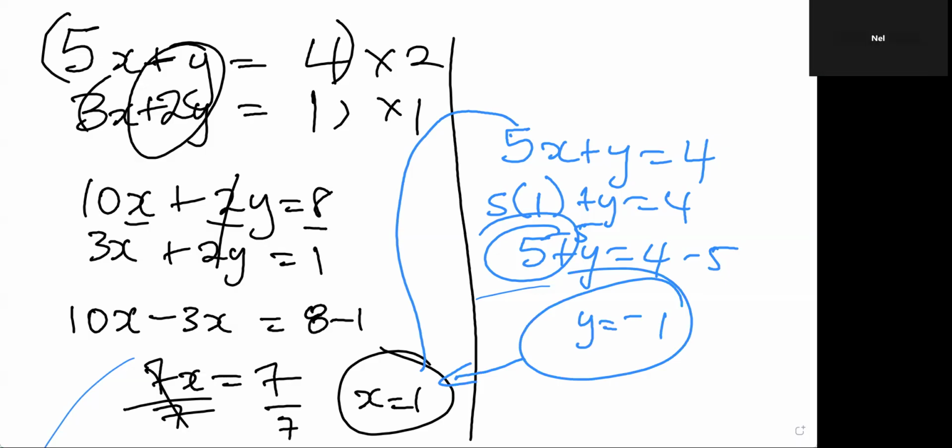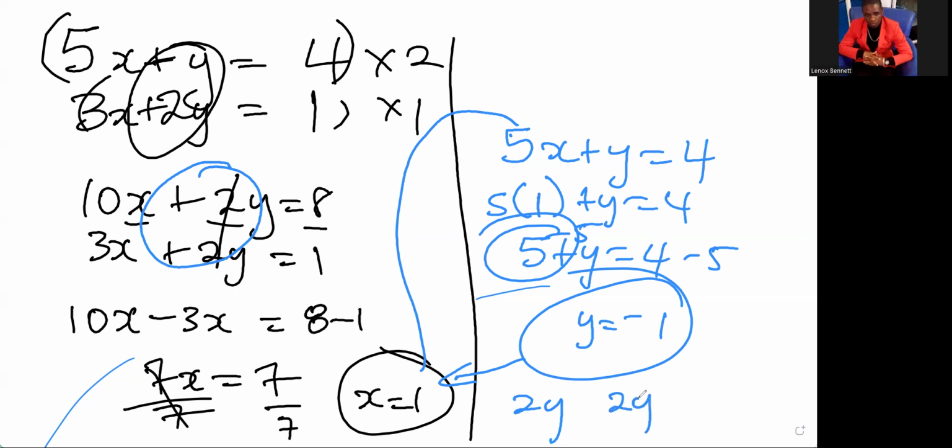What I can't get is when you reach the end, you have 10x minus 3x. How did you come by that? Because that's where I messed up. All right. That means you didn't have the rule. The rule says when the signs are the same, we subtract. Meaning, because both of them are positive 2y, you're trying to get it to be 0.